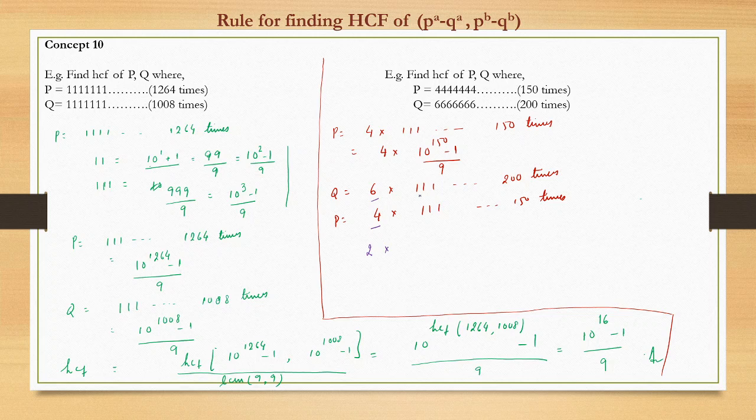And the HCF of the repeated-1 numbers would be based on the HCF of 150 and 200, which is 50. So 2 into 50. Now let us check. Here there is a factor of 3 also, right? 3.